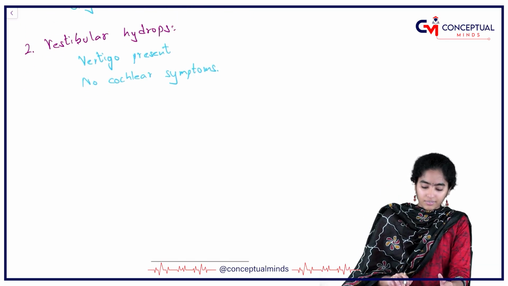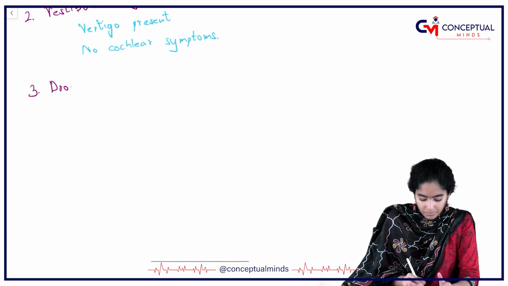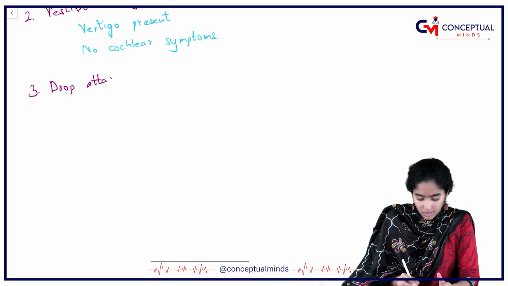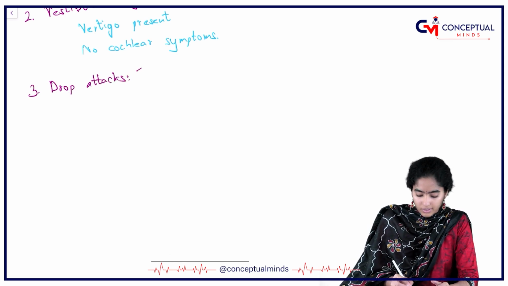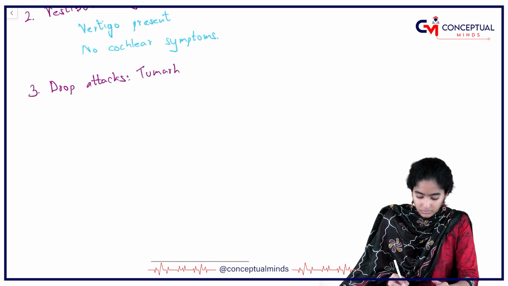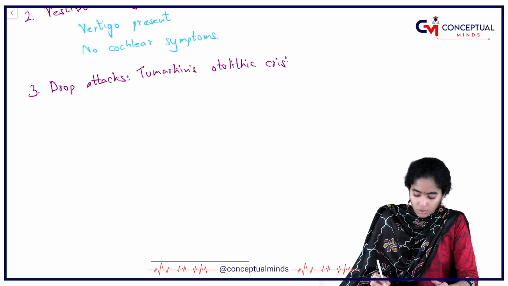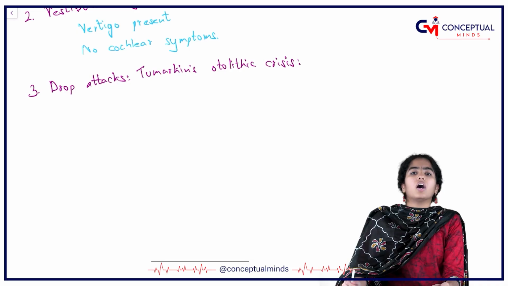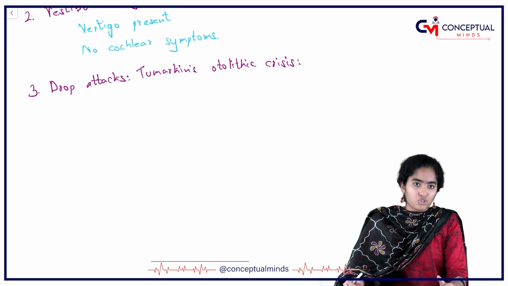Then there is another variant which is called drop attacks. This has another name also, that is Tumarkin's otolytic crisis. What happens in Tumarkin's otolytic crisis or drop attacks is that the patient suddenly drops down without any loss of consciousness.